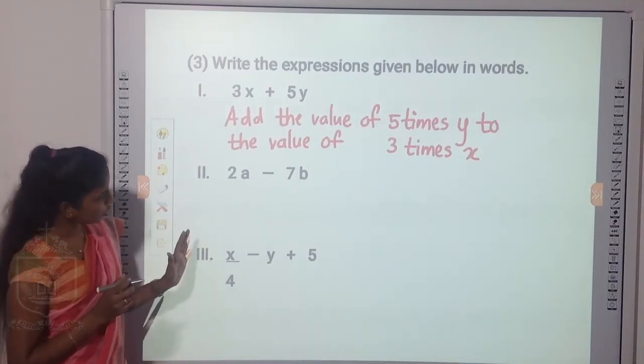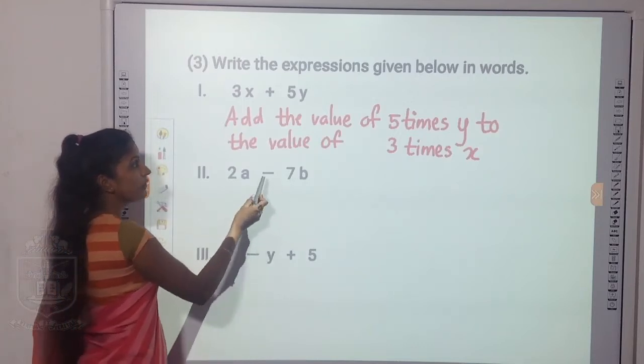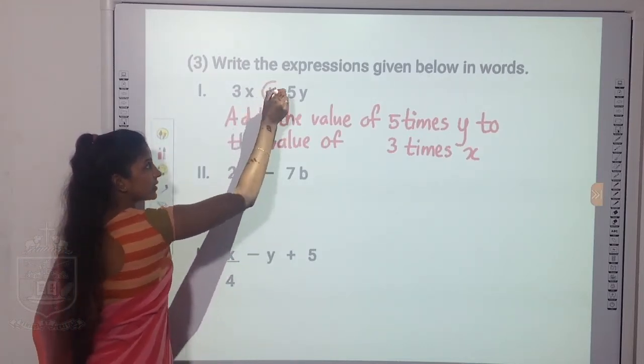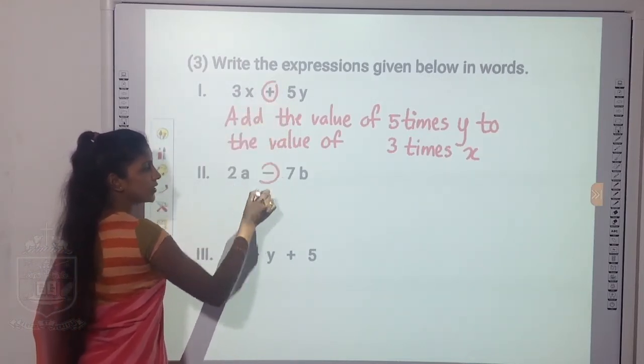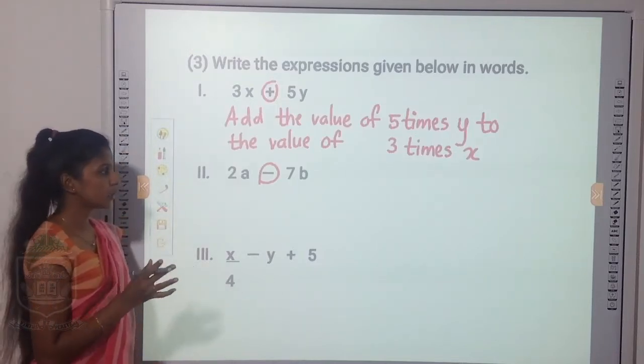Let me help you write these in words. Here it's addition, that's why we wrote it as addition. Now it's not addition, it's a subtraction mark, minus.